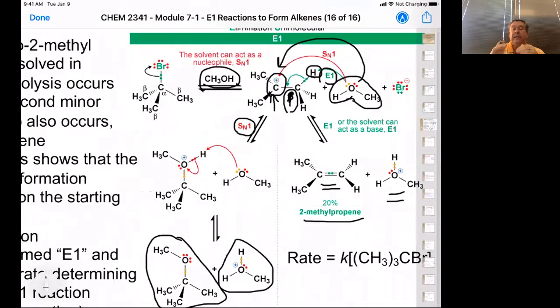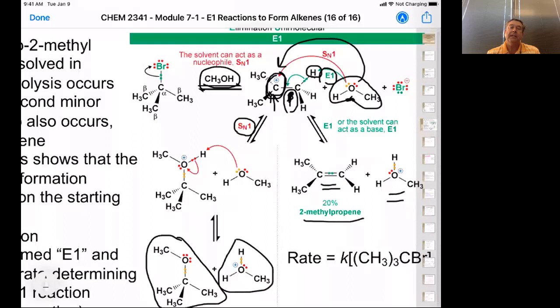So in this case, we have a competition between Sn1 and Sn2 because we have a weak base that is still a moderate nucleophile. It's a poor nucleophile, but it can act either way when it has that carbocation.